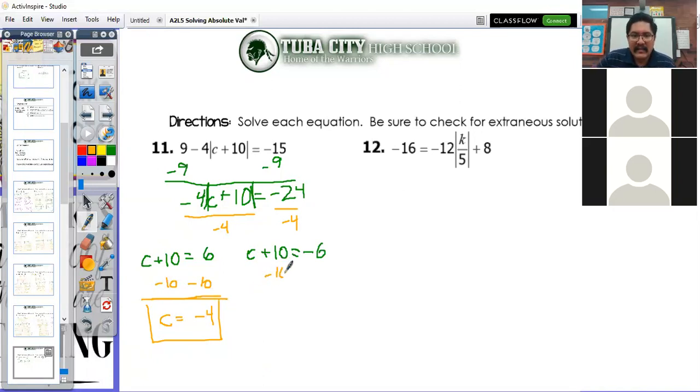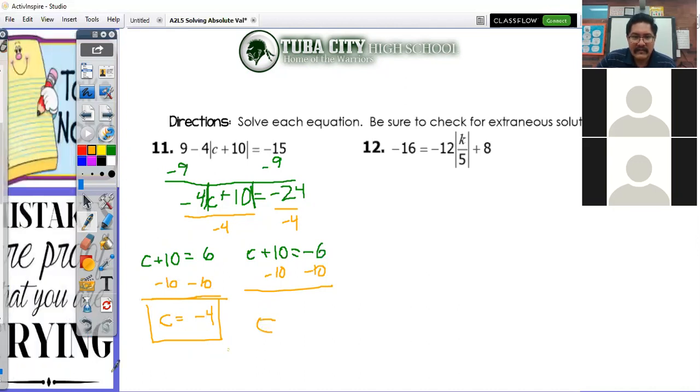Now we got a -10 from here and here as well. C, oopsie, that's a terrible looking C. C equals negative 16.